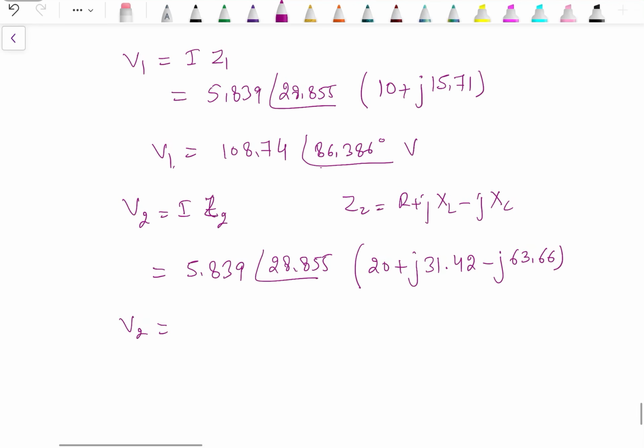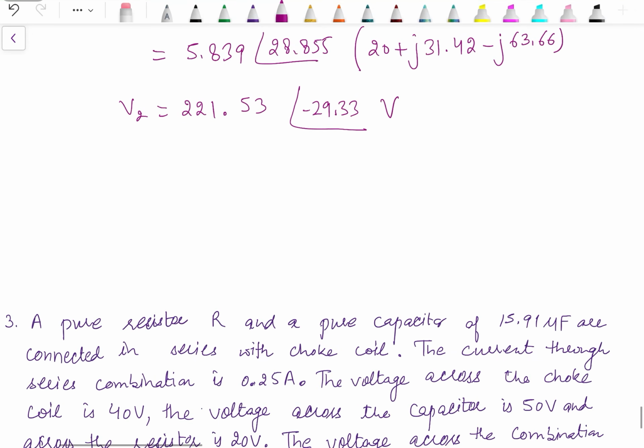This gives the value of V2 as 221.53, angle is minus 29.33 volts. So from here we can draw the phasor diagram.